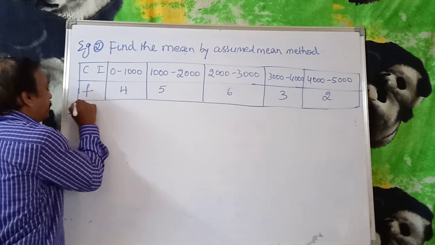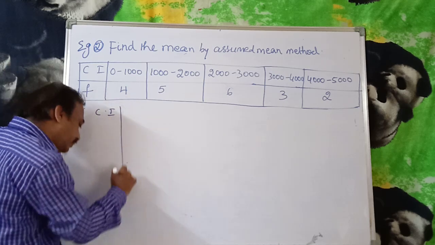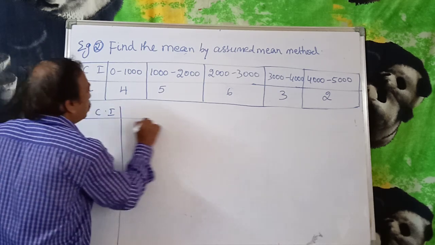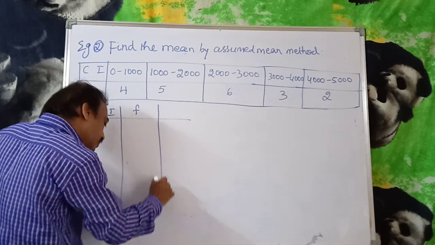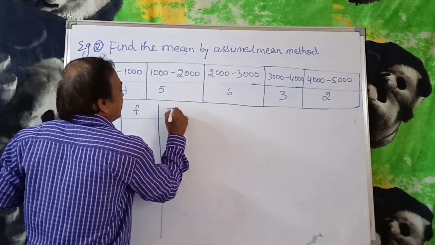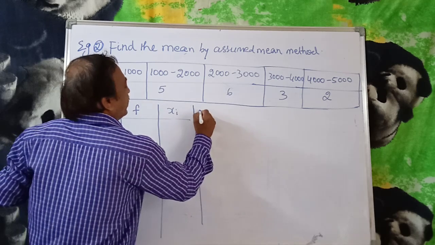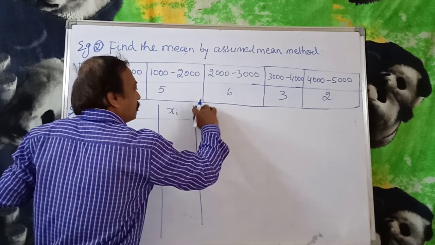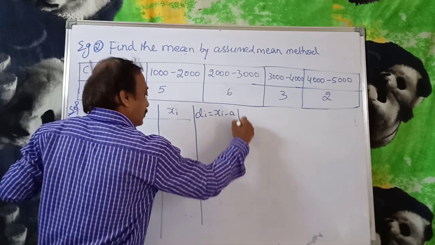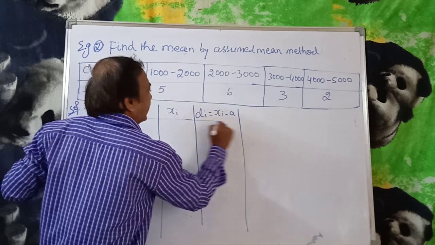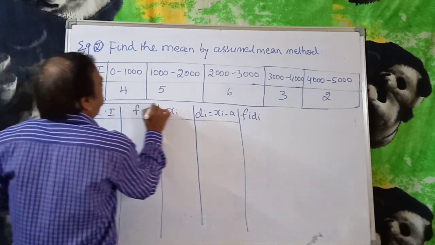First the solution part: in that, class intervals, then frequency, then xi, that is the midpoint or class mark, then di is equal to xi minus a, then next fi into di.